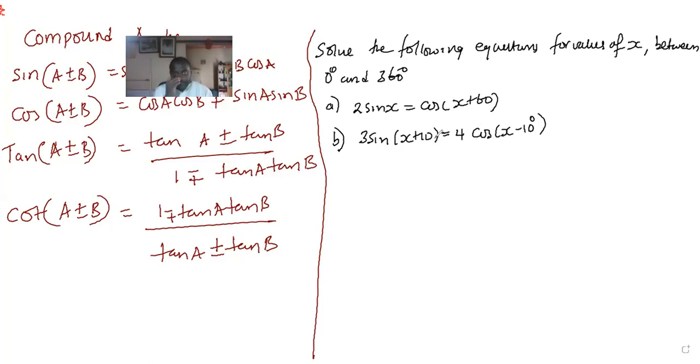Okay? So when solving this, the first case we are having: twice sine of x is going to be equal to cos x cos 60 minus sine x sine 60.